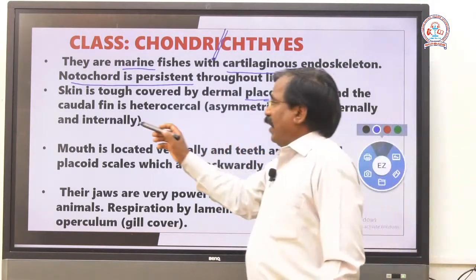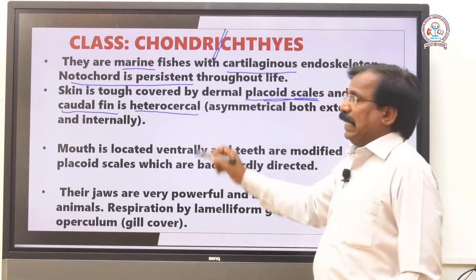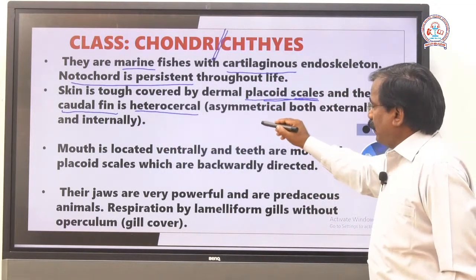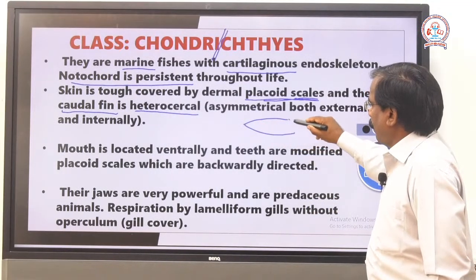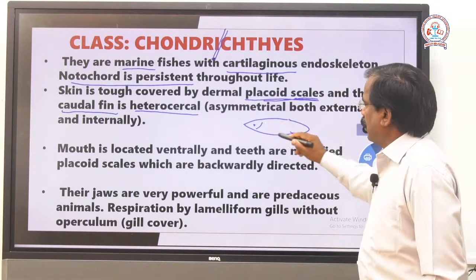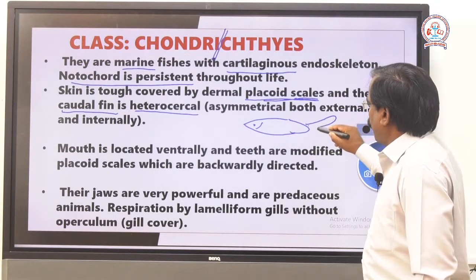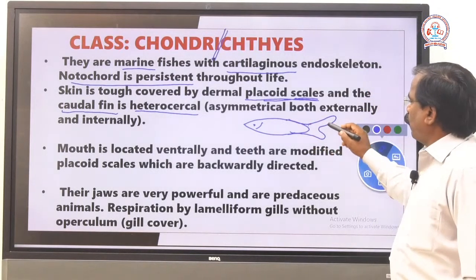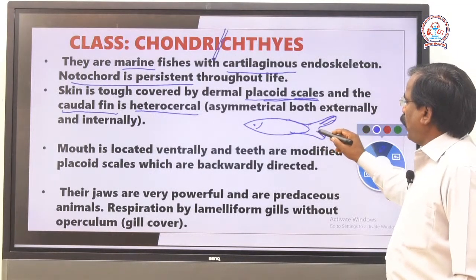And the tail fin, the caudal fin, is heterocercal. So what is heterocercal? See, this is the fish. Caudal fin heterocercal means unequal. Listen, one lobe is long and another is short.